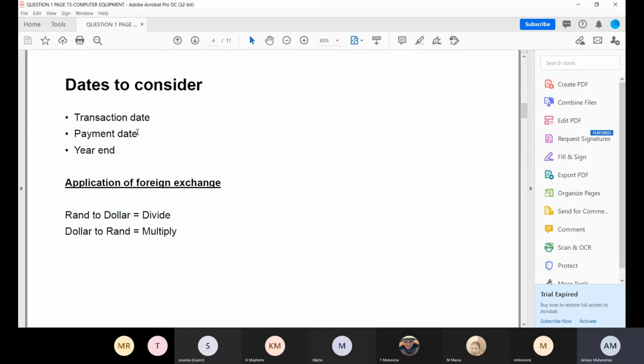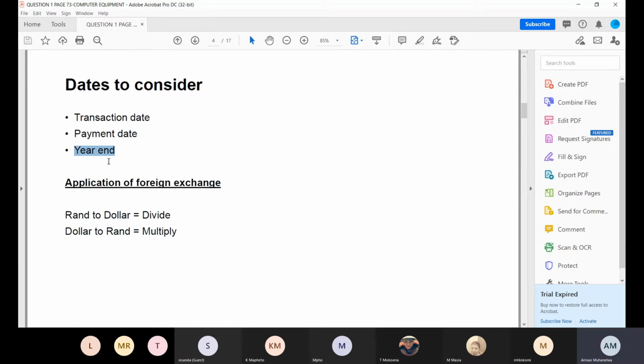So when the payment is happening, we'll discuss when we do the actual question what needs to happen. Year end, very important because when you reach year end, if you've been given a loan, you must record interest. You must also record foreign exchange movement. Foreign exchange movement could be a gain or loss. We'll see it when you do the actual exercise.